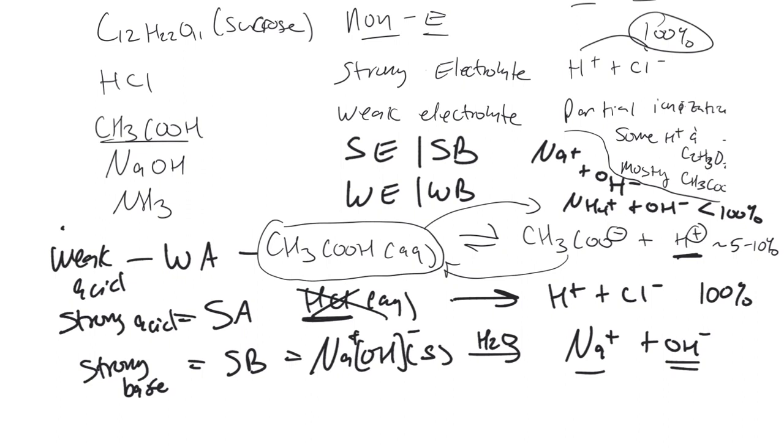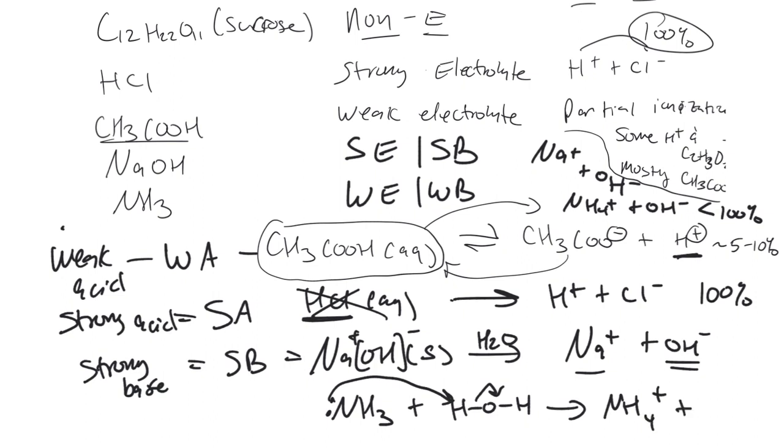And then ammonia, what it's doing in water: NH3 reacts with water, where the nitrogen takes an electron pair to form NH4, or it's taking the H plus ion off of water to form NH4 plus, ammonium, and then leaves behind hydroxide ion.